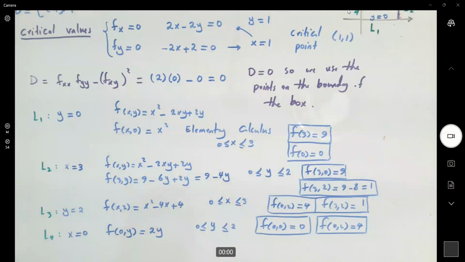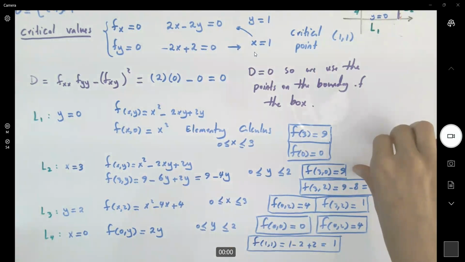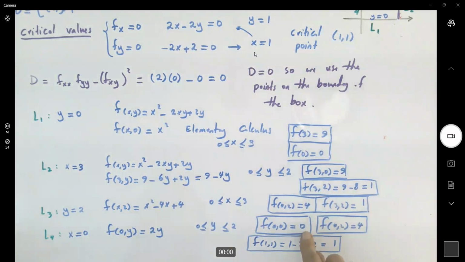Don't forget to plug in 1 and 1. It's your critical value. So f of 1 and 1 is going to be 1 minus 2 plus 2, which is just 1. So it doesn't give us any new information. So again, the absolute maximum is 9, and the absolute minimum is 0.